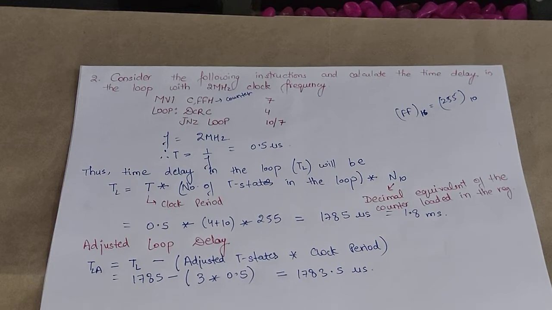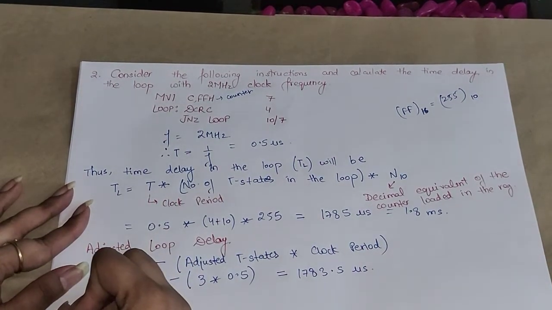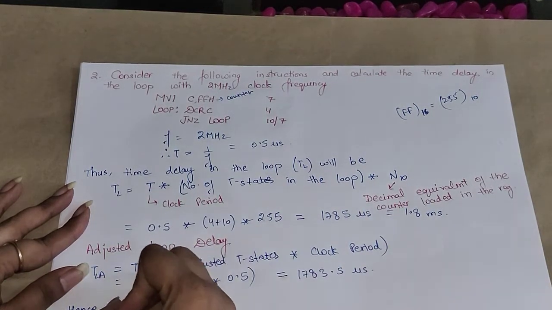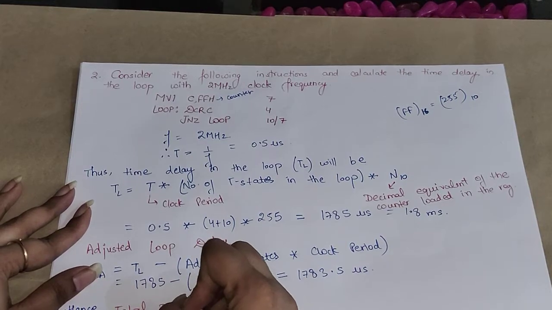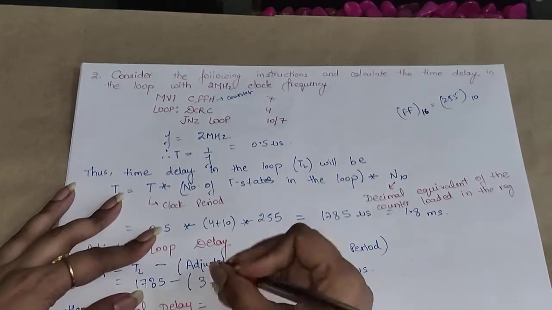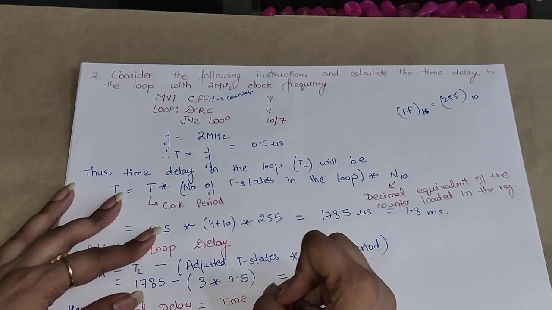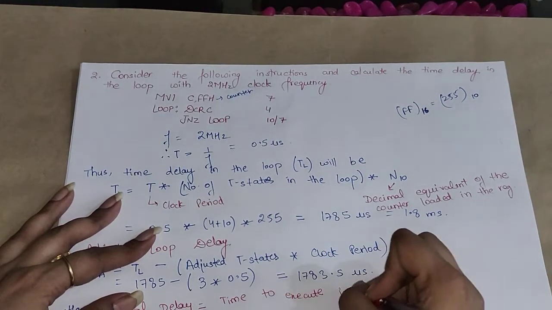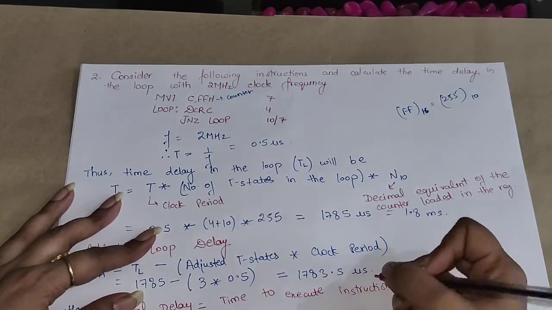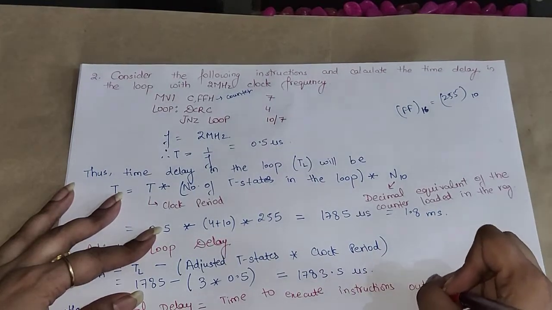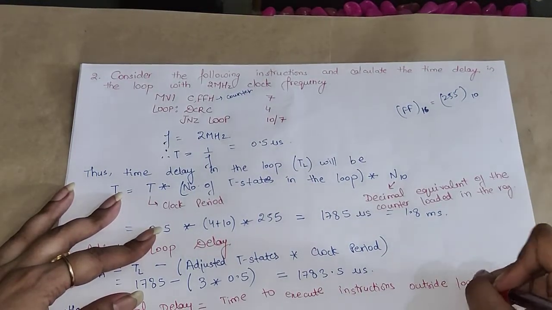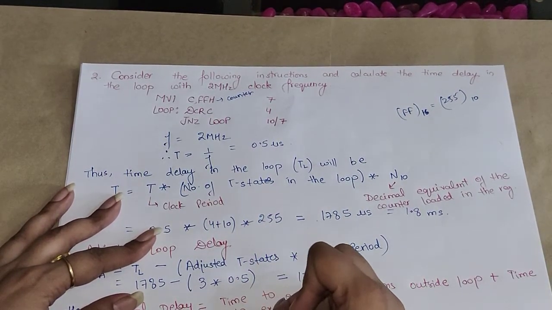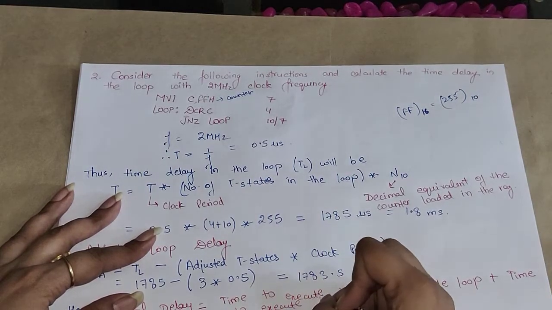Clear? Now, hence total delay is equal to time to execute instructions outside the loop plus time to execute loop instructions.